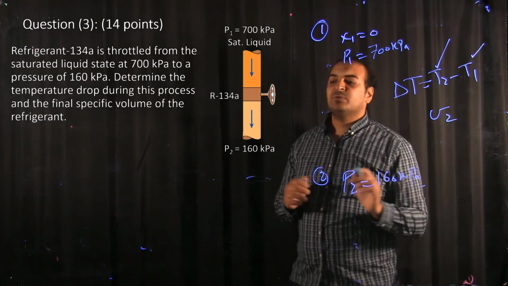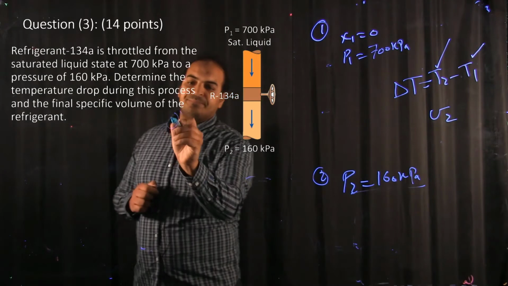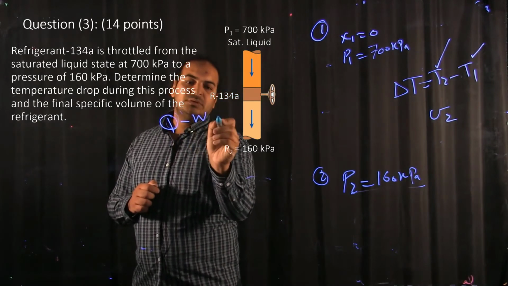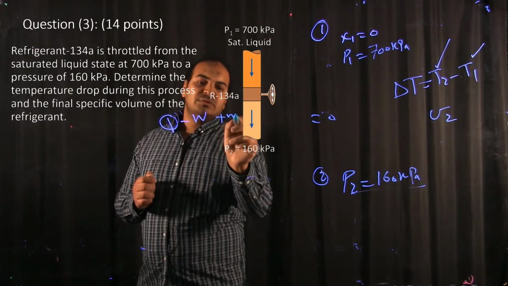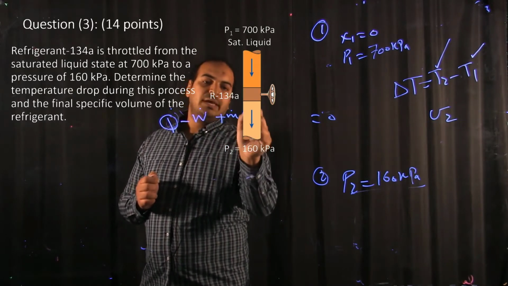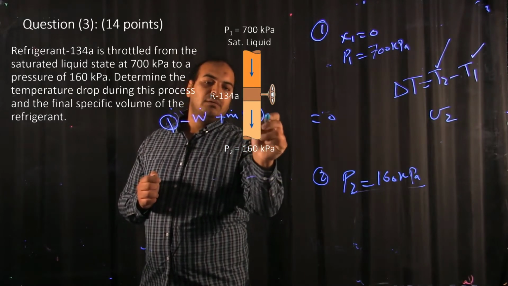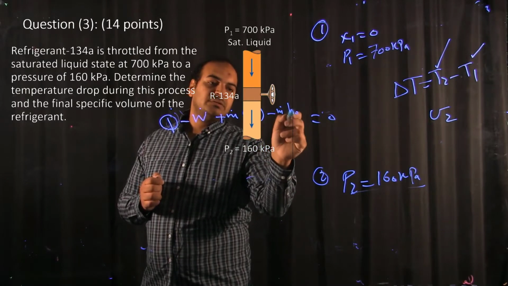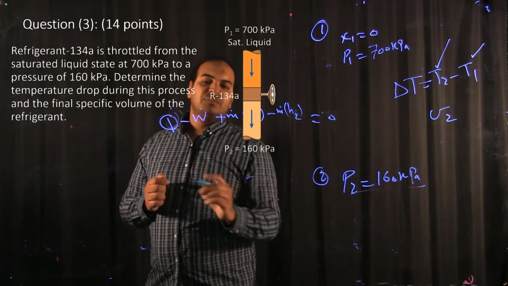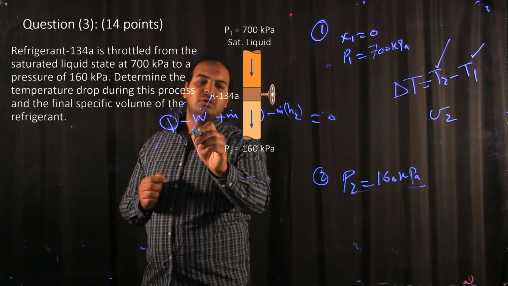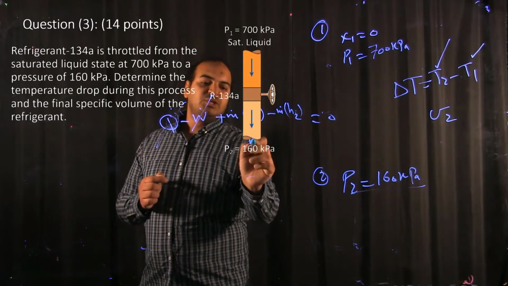Let's write the first law of thermodynamics. Q minus W equals 0 because it's steady, the right-hand side is 0, plus m dot H in minus m dot H out, or 1 and 2. There is no heat, there is no work. Divide by mass, so H1 equals H2.